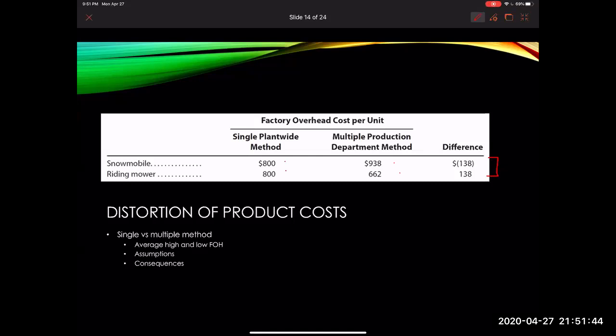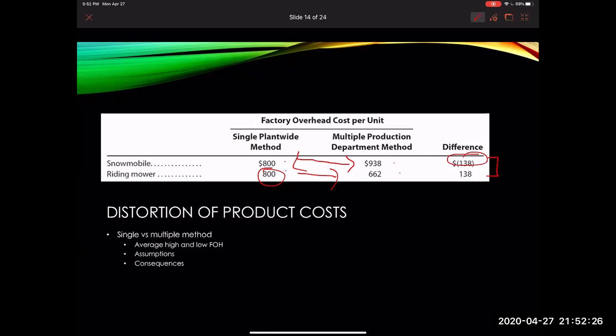Comparing the single plant-wide method against the multiple production department method, they're missing the mark by $138. However, under the riding mower, they're allocating too much cost. The amount that they're allocating to it is $800 when it should be a lot lower, right? So that could cause the company, Ruex company, to over cost their product, right?